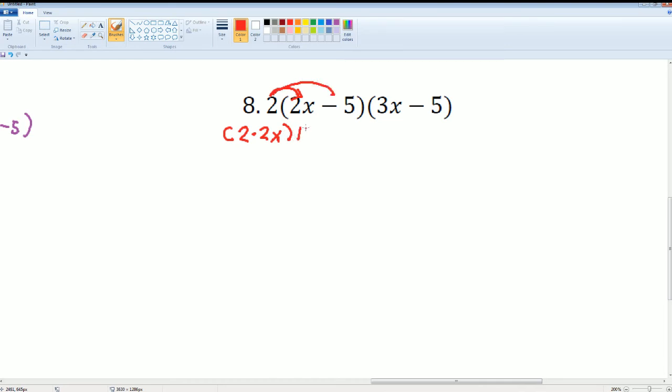Oops. Let me just change that to a different color. Orange. 2 times -5. So add 2 times -5. Let's go green here. 2 times 3x.